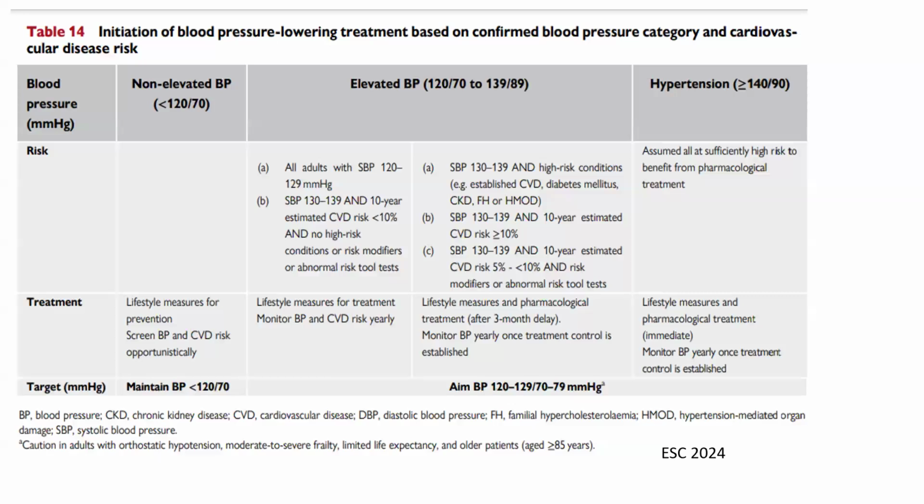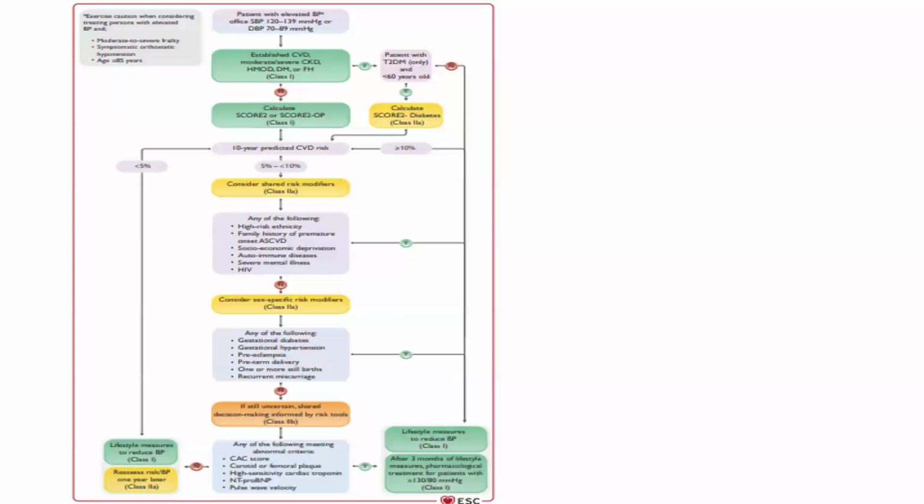If the risk is greater than 10%, patients are going to have lifestyle measures for 3 months, and if not, they are going to go to pharmacologic treatment. And this is what I said for patients with elevated blood pressure.